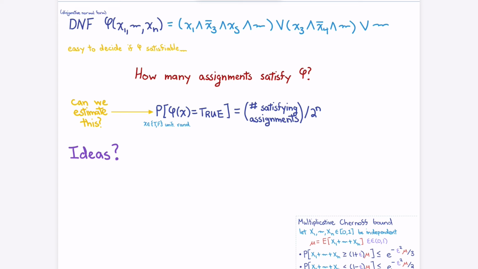But so inclusion exclusion, right? You're worried about the overlap. So one thing nice is I can count each clause separately. If a clause has like 10 variables, there should be like 2 to the n minus 10 satisfying assignments because those 10 variables are fixed and everything else can be anything. Then you have to worry about the overlap. So for every two clauses, which ones are in that pairwise overlap, which I guess means you would concatenate the two clauses and you get 2 to the n minus something.